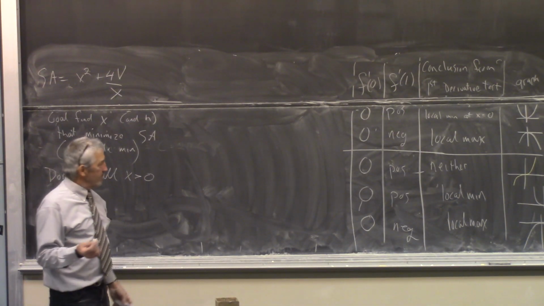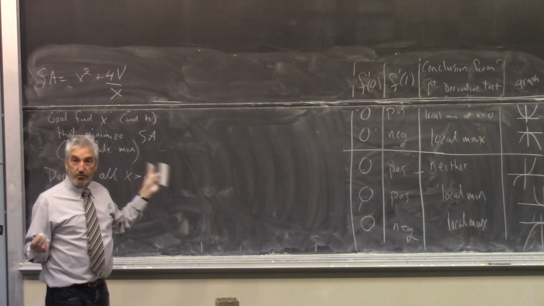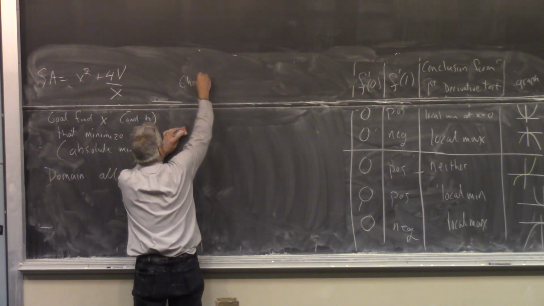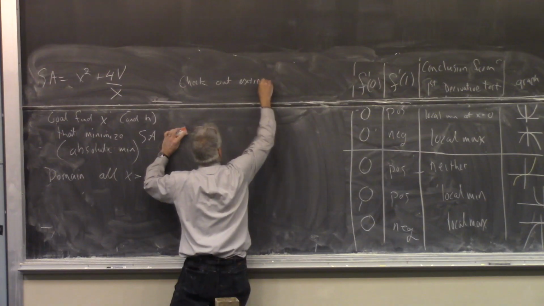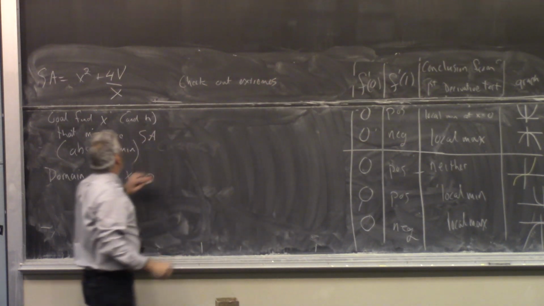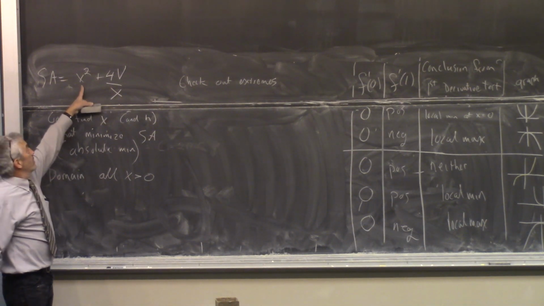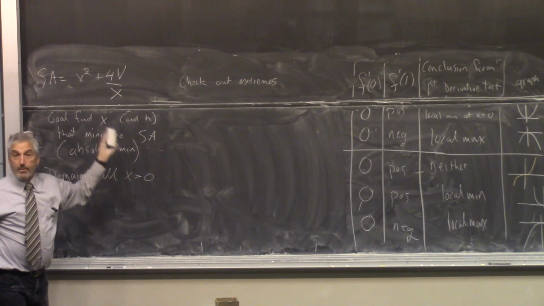Let's see what extreme things we can do with this. Let's check out the extremes in this domain. So in other words, this is a function whose graph, I don't know. I know what a graph of x squared looks like, but that's not what this is. This is weird.